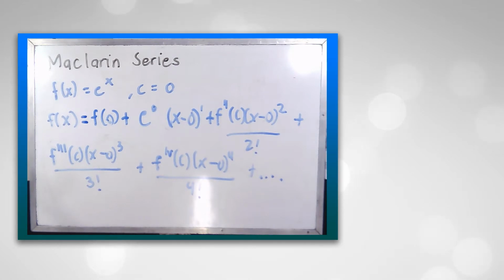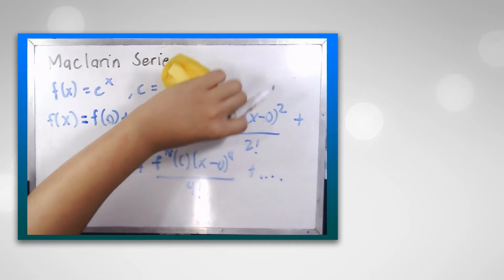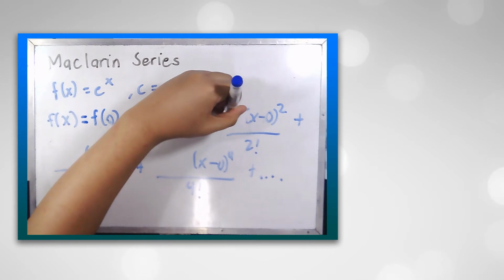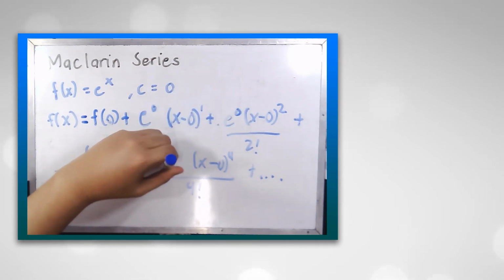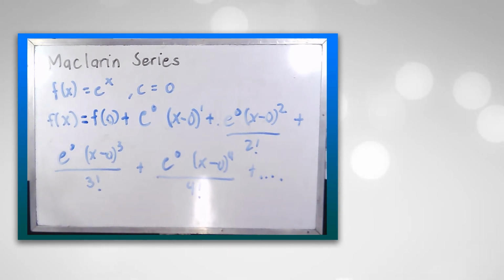There we go. And then we're going to change all the f triple prime, f double prime, even the fourth derivative into e raised to 0, because that's the previous condition that we have earned, right? So this is basically the series of e raised to x centered at 0.